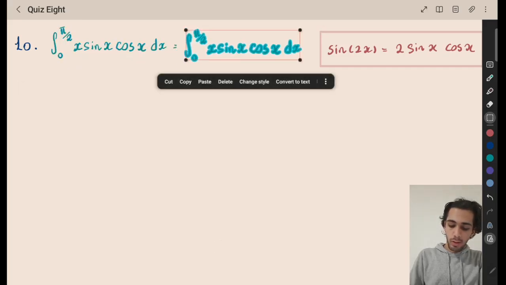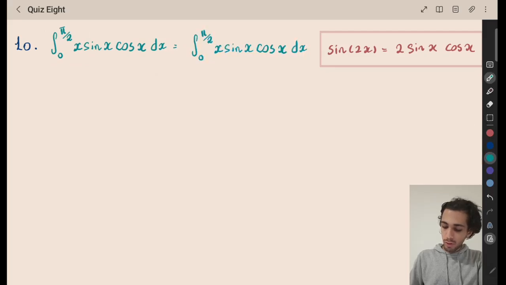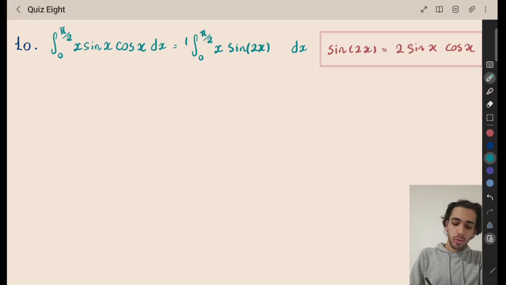Okay, so that's already a first step towards the solution. I don't think this is an unpopular identity. Now let's not forget to divide by 2.